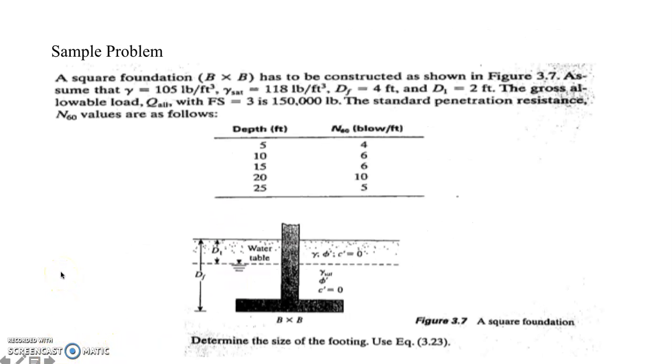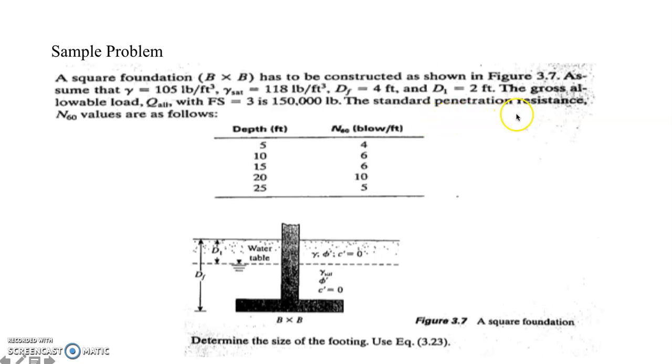So for our sample problem, a square foundation has to be constructed as shown in the figure. Assume that our gamma is 105 pounds per cubic foot, the saturated unit weight is 118 pounds per cubic foot, our D sub f is 4 feet, and D sub 1 is 2 feet. The gross allowable load, with a factor of safety, is 150,000 pounds.